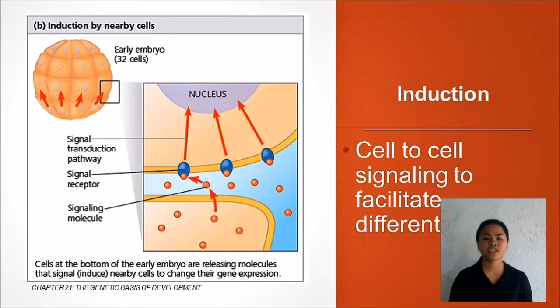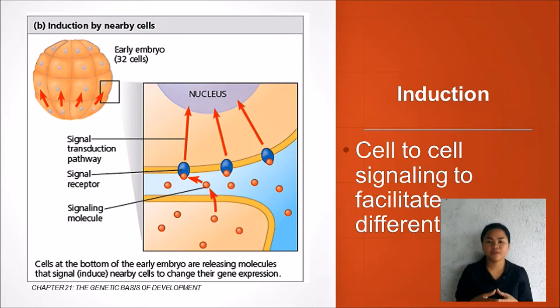When we enlarge the bottom part of these neighboring cells, we can see the image below. Let us first analyze the cell at the bottom. This cell transfers signaling molecules, also called induced molecules, to the other cell.